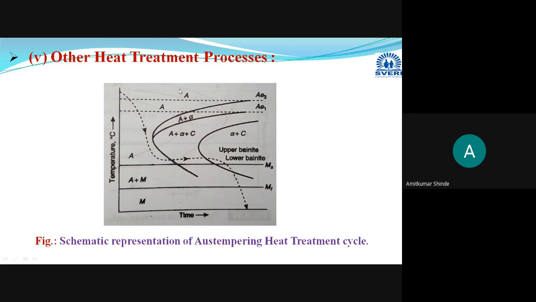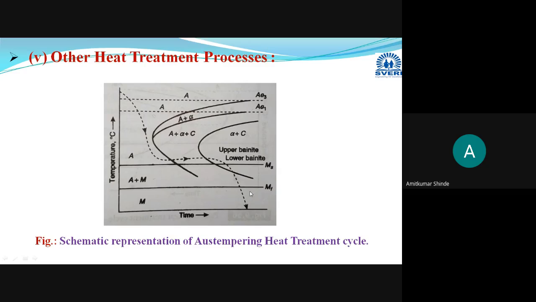Whenever the martensite phase is there, some amount, around 0.1 or 1% austenite, will be there. To eliminate that retained austenite, we carry out this process and form bainite instead of martensite, and its hardness is a little nearer to the martensite.